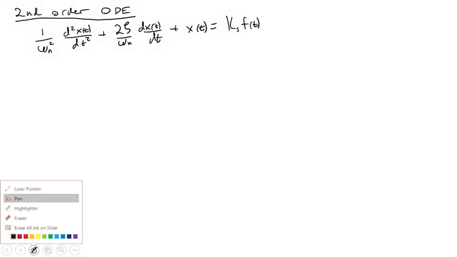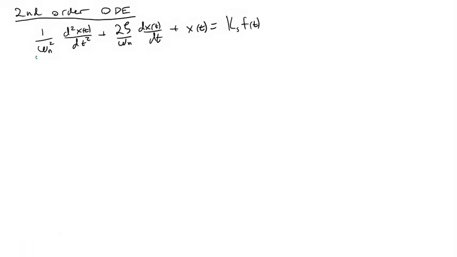So again, I have a differential equation with some coefficients in front of my derivative terms, and then there's no coefficient in front of x, so that's just 1 times my forcing function. For the special case of f of t is a constant f, we have the solution to that equation.